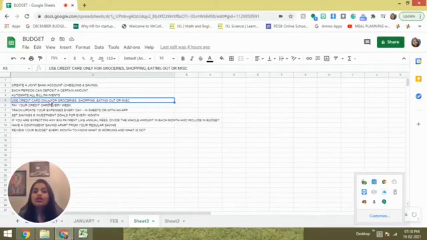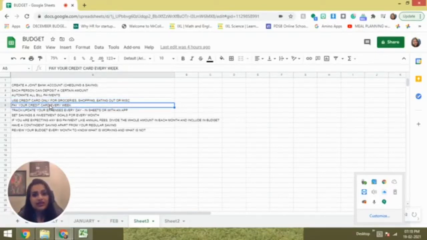Instead, you can automate all your payments through the bank account and pay your credit card every week. This saves a lot of time, energy, and mess.